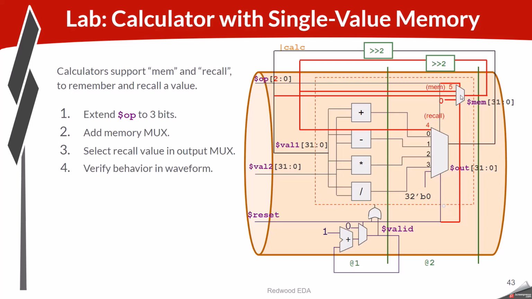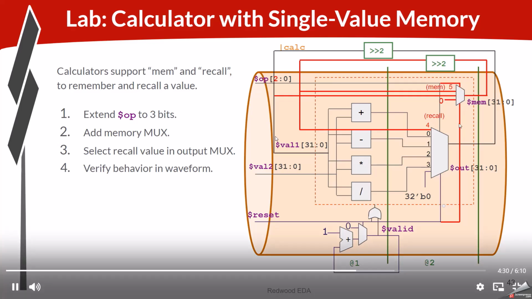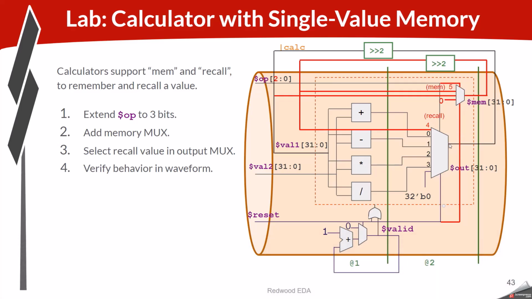So if we're doing a memory operation, and as I've drawn it here, we're encoding that memory operation as a value of 5 on the op input, then we want to grab the value of output and capture it in the memory. Sorry, that wasn't the path. We're grabbing the value of output from 2 cycles ago and capturing that in the memory.